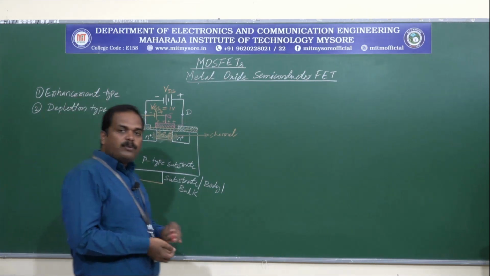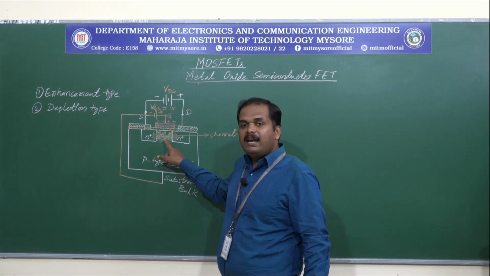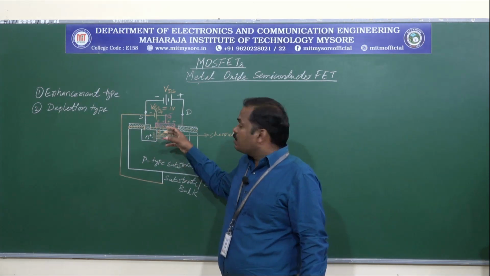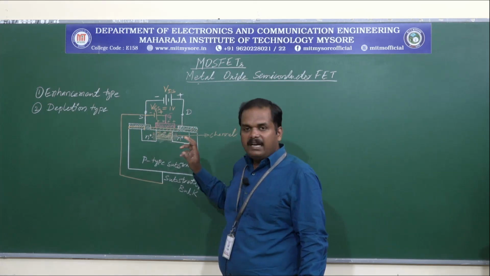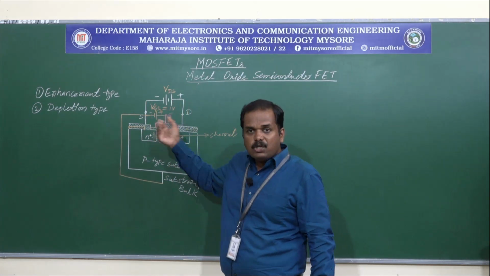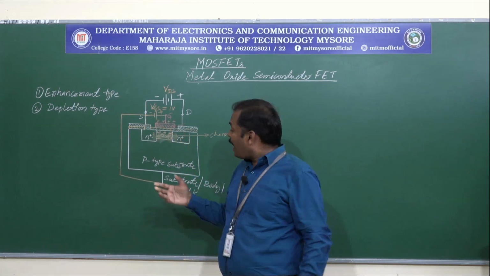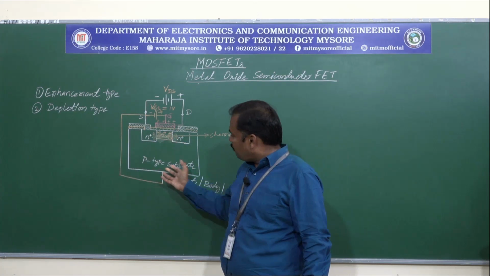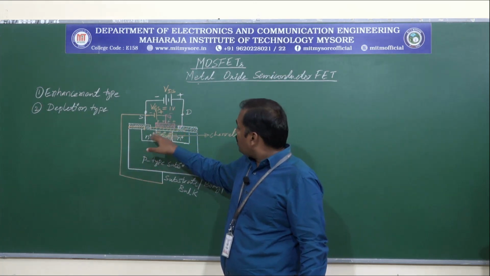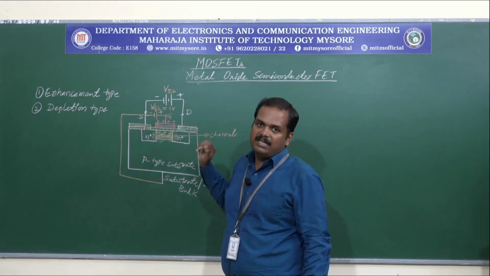So when VGS is equal to 0, this layer will be p layer and there would be no accumulation of electrons under the gate region. Now when I apply some positive gate to source voltage, this positive energy will attract all the electrons available in the p-type substrate under the gate region along with the electrons from the n plus regions.